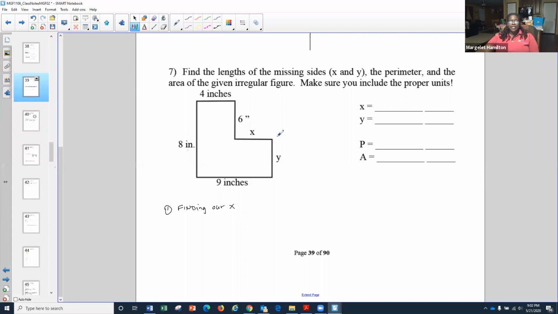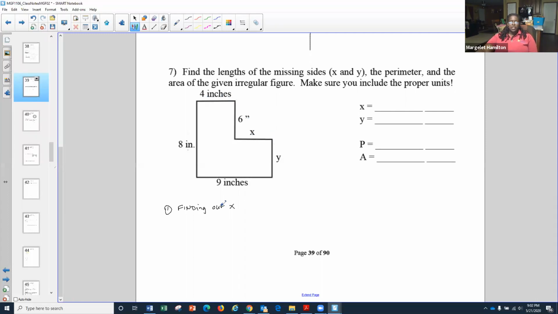Here's our X, and it's parallel to our longest side, one of the full sides that they give us of our figure, which is 9 inches. If we look at the other parallel side, they gave us 4 inches up here. If we took these 4 inches and added it to whatever we find for X, that should add up to 9.